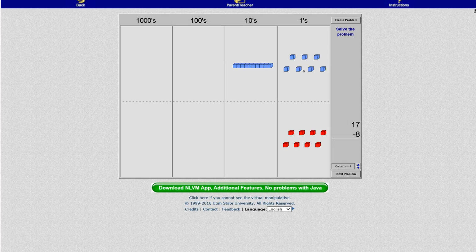Okay, so I can't do it on this physical screen, but you could have them represent the 8 and then see what they would add to the 8 to get 17. Well, they'd add 2 singles, then they'd add 7 more, that would be a total of 11, and then you'd regroup into 10 and 1.